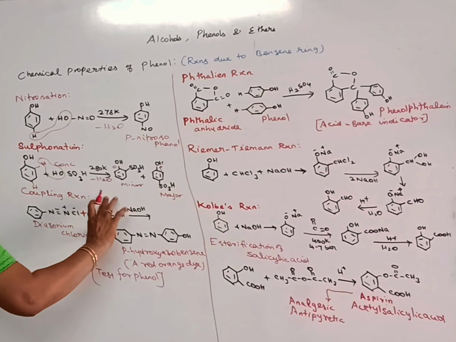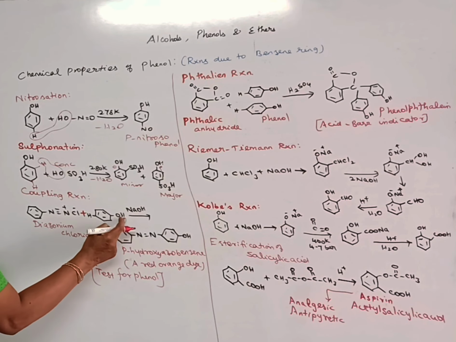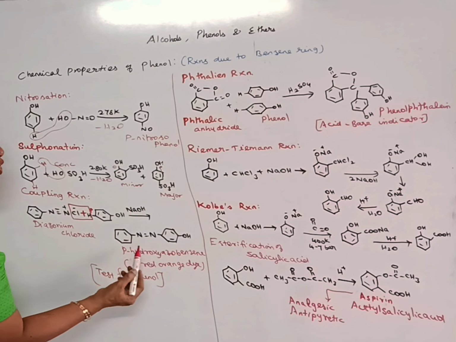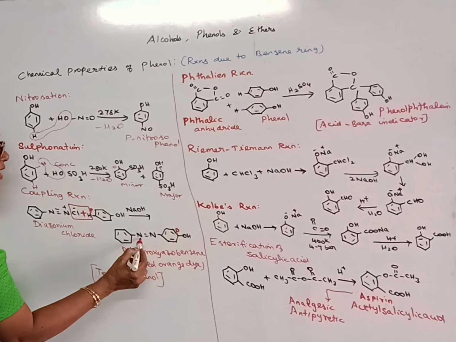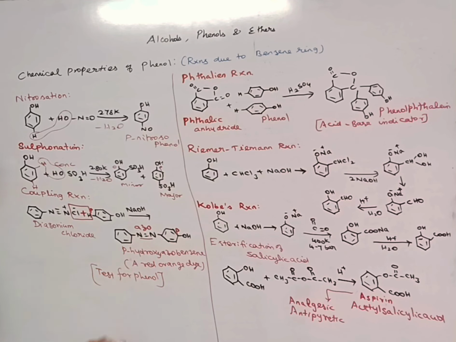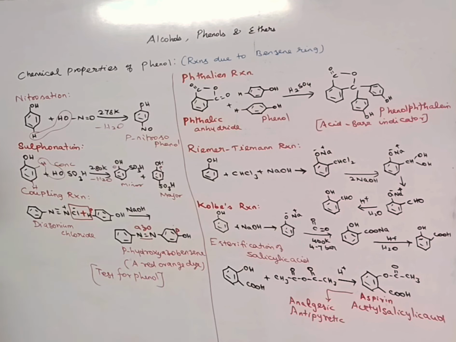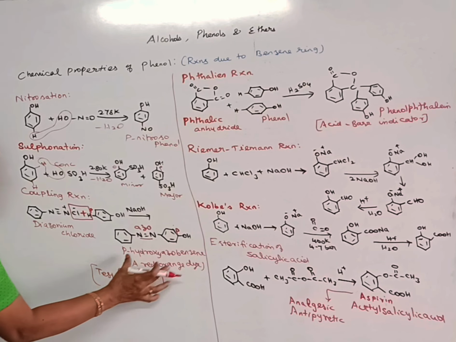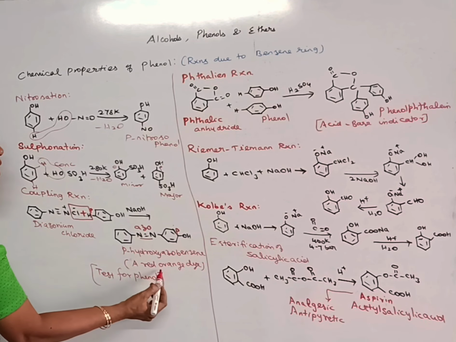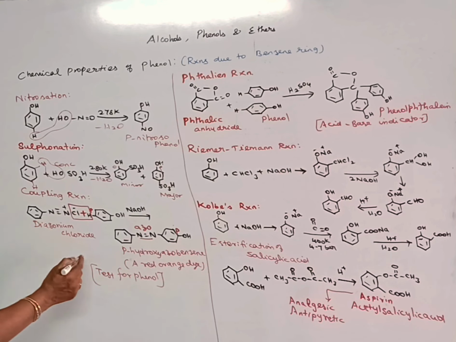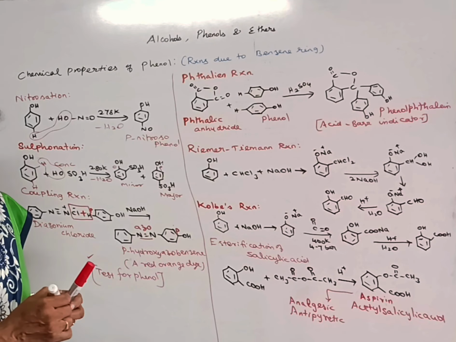When it is treated with phenol, the hydrogen atom opposite to the OH group, say the para position, combines with the chlorine of diazonium chloride, hence it gives rise to para hydroxy azo benzene. This N double bond N is said to be azo. Para hydroxy azo benzene is formed. The color of the compound is a red orange dye. So from the formation of this colored dye, this test can be taken as a test for phenol.